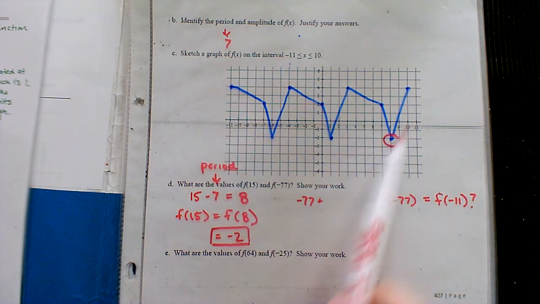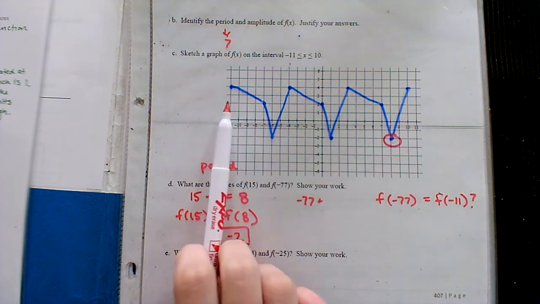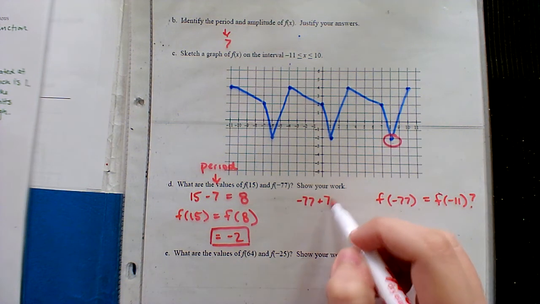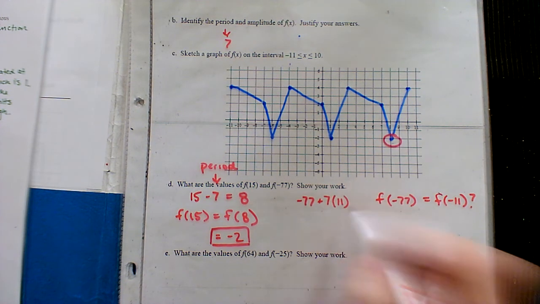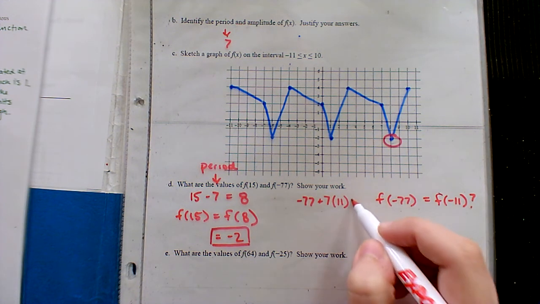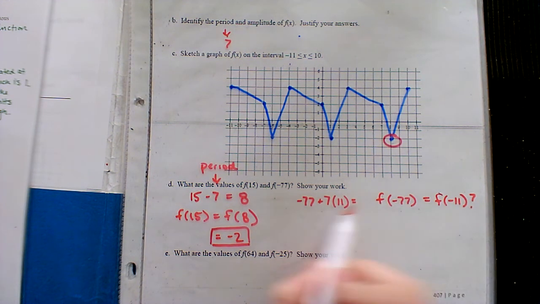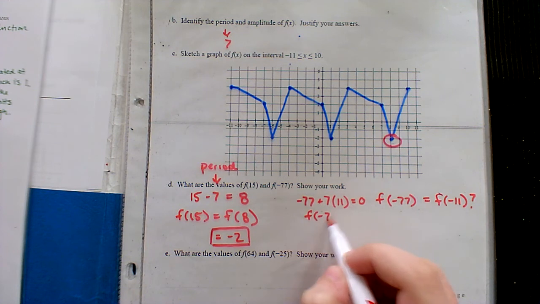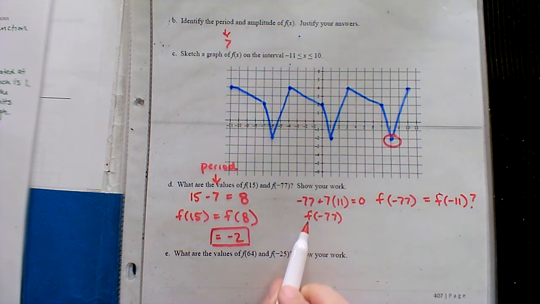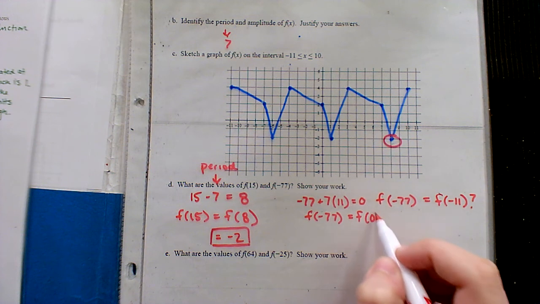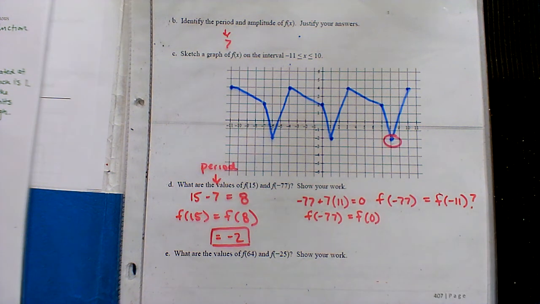We eventually just want to land somewhere between negative 11 and 10. Let's say we added 7 11 times. So in other words, 7 times 11. Negative 77 plus 77 would give us 0. So we know f of negative 77 is exactly the same as f of 0.